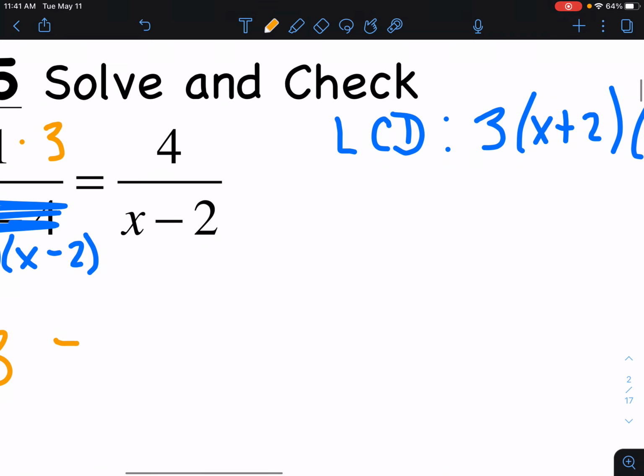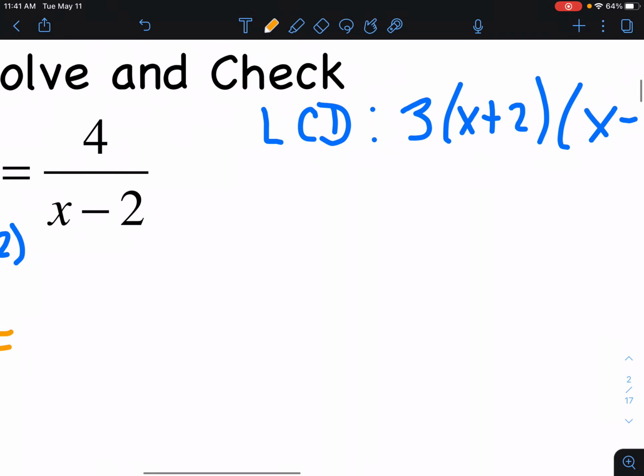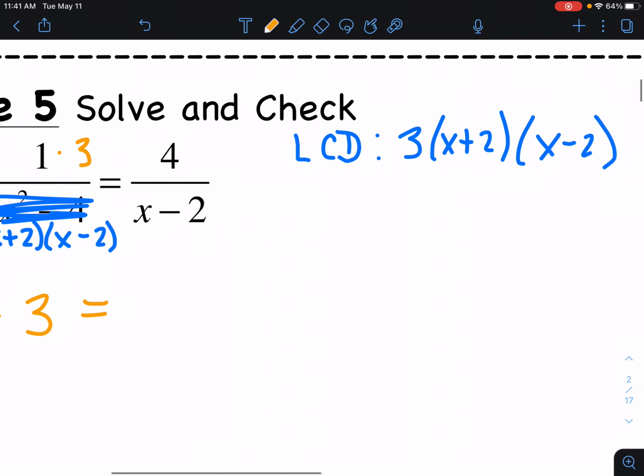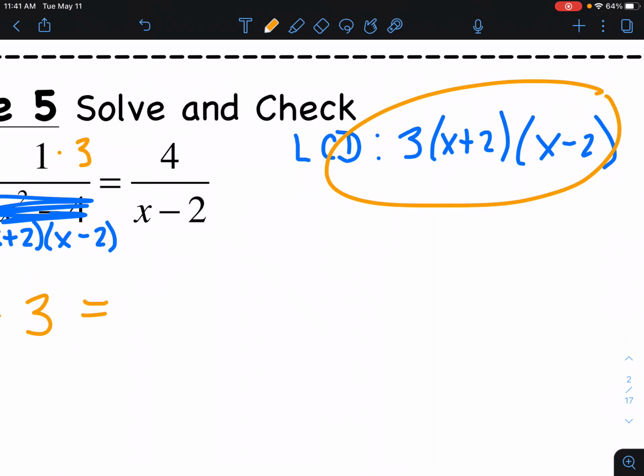And then finally, after the equal sign, what are we going to multiply the 4 by? So we look, what's missing? What's missing is 3. So we're going to put times 3. And we're also missing x plus 2. So we're going to also multiply by x plus 2.